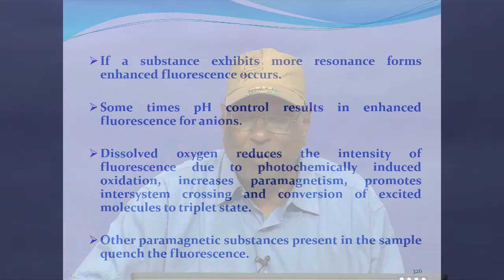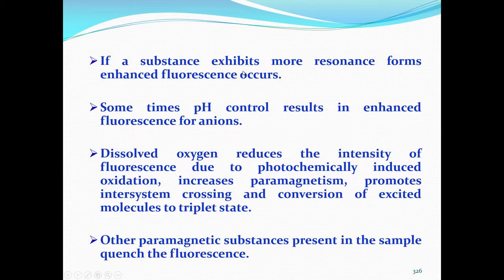So, that is what we are telling, the number of conjugated double bonds. If there are more conjugated double bonds, the fluorescence will increase. That is exactly what we are writing here. And sometimes pH is a very important parameter in most of the fluorescence methods.